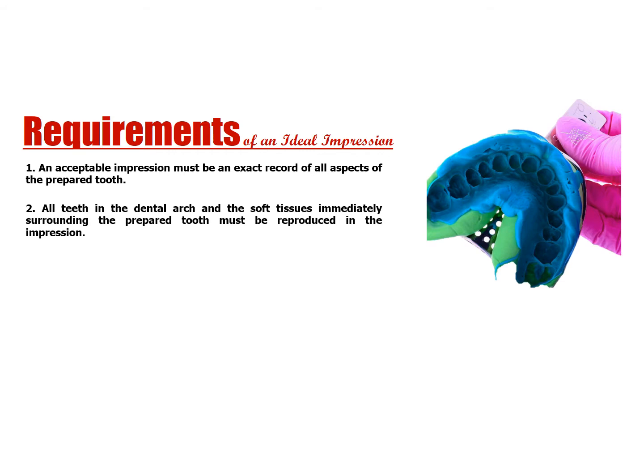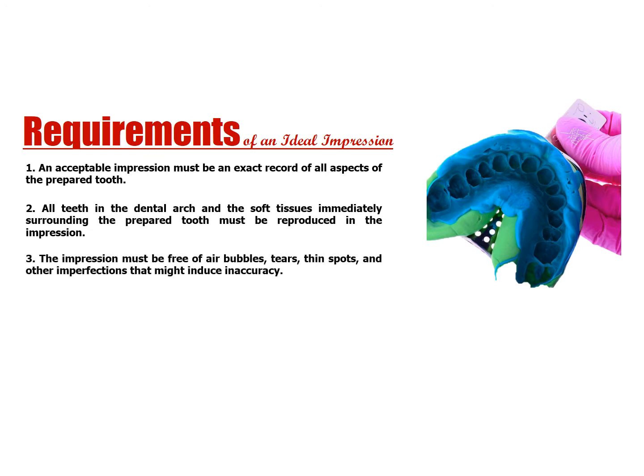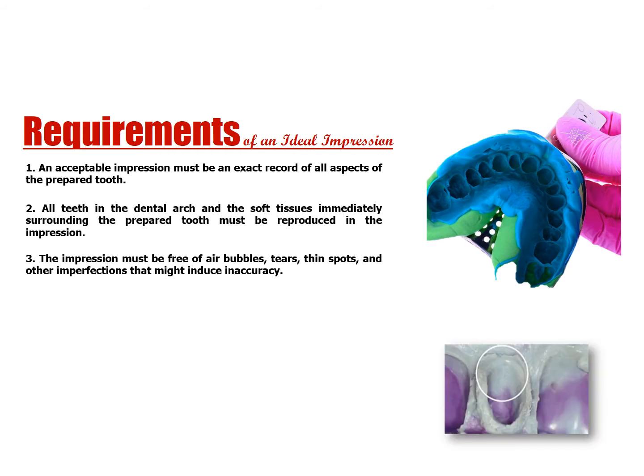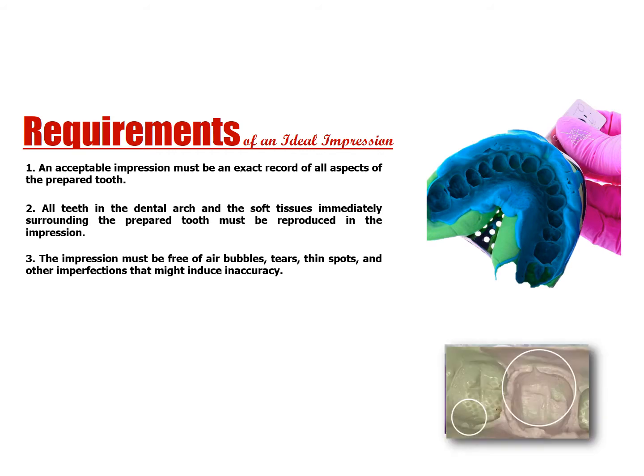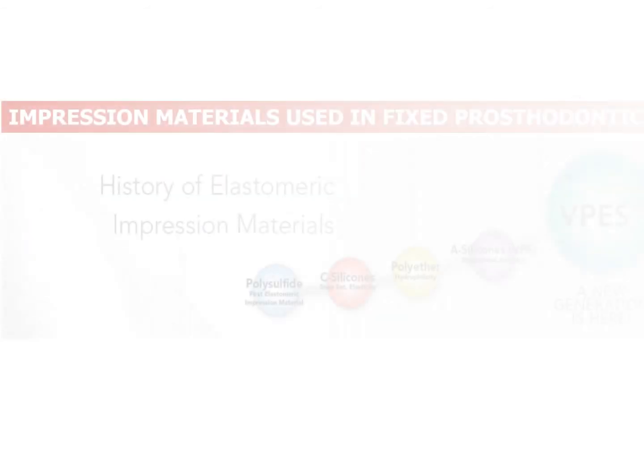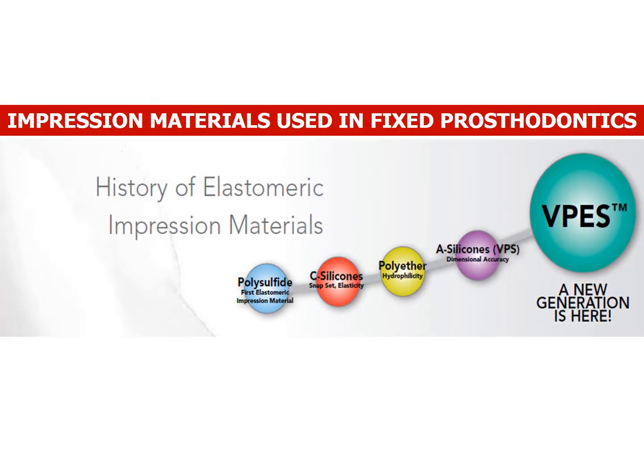This will allow the cast to be accurately articulated and contribute to proper contouring of the planned restoration. The impression must be free of air bubbles, tears, thin spots, and inaccuracy.